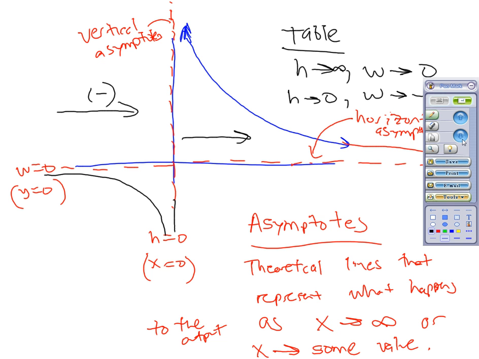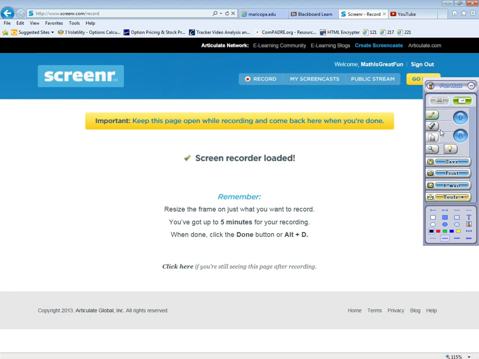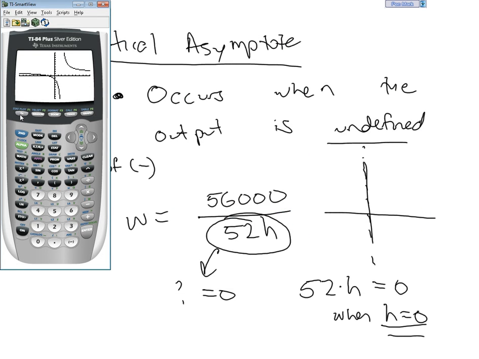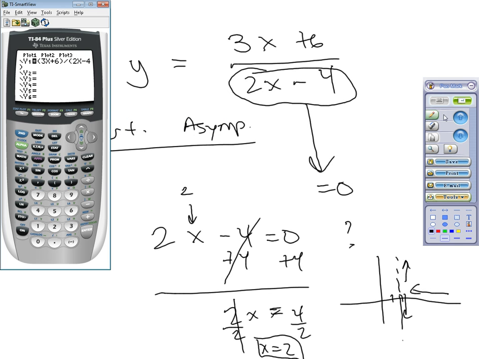Now, we have to figure this out by sort of looking at a table. So a simple way, once we have our model built, is to study and see, all right, well, what happens? Well, in our graph, in this scenario, remember, this had the vertical asymptote at x equals 2.